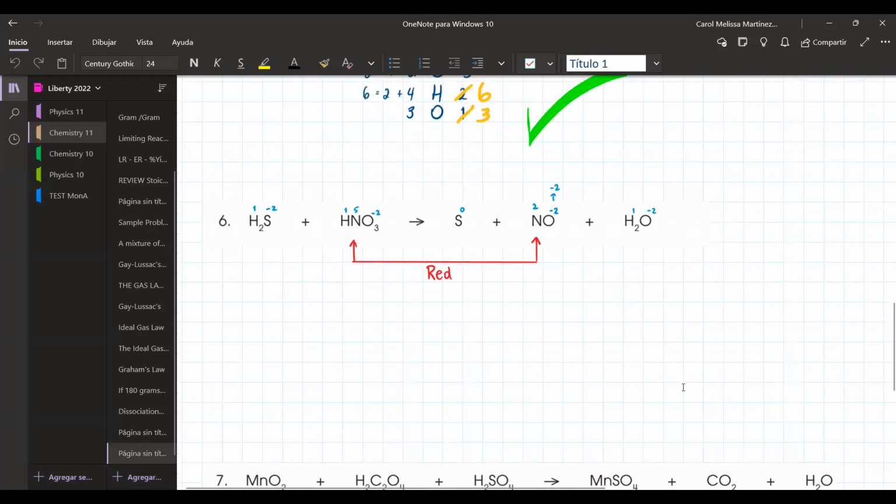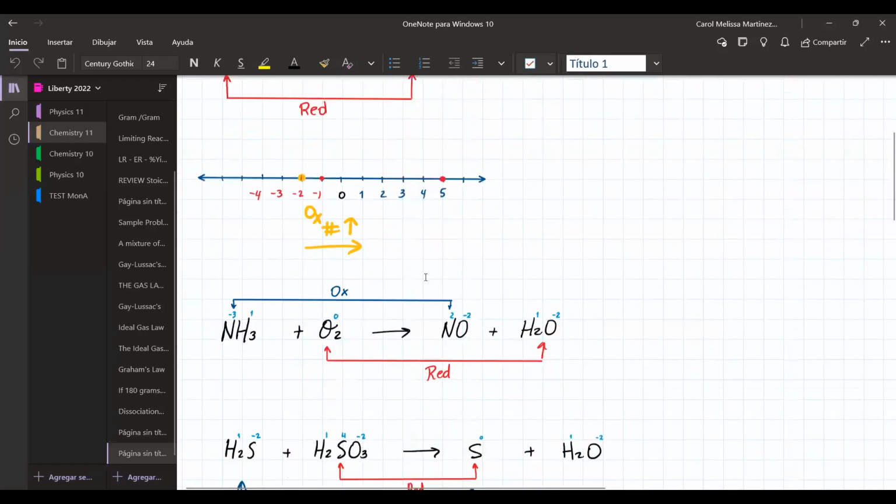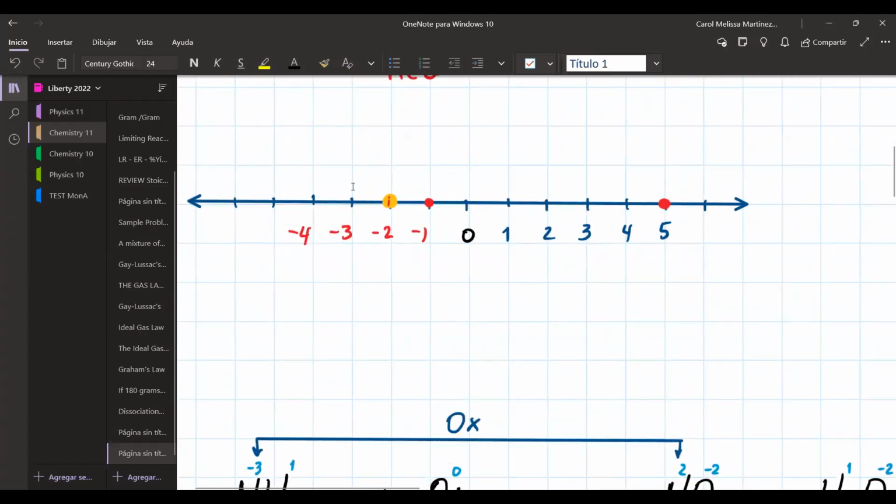So, like the example with the number line, sulfur was here initially, and after it ended up at 0. So it was here, at -2, and it ended up here. That means that sulfur moved 2 positions.